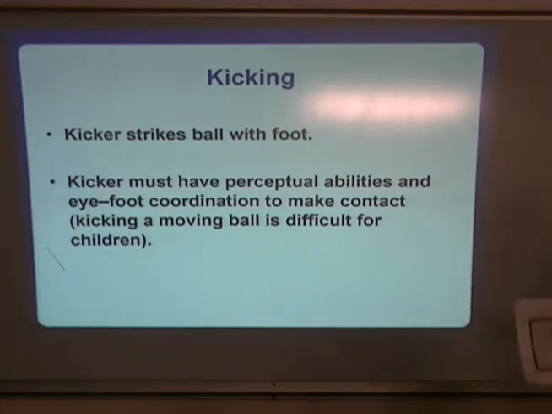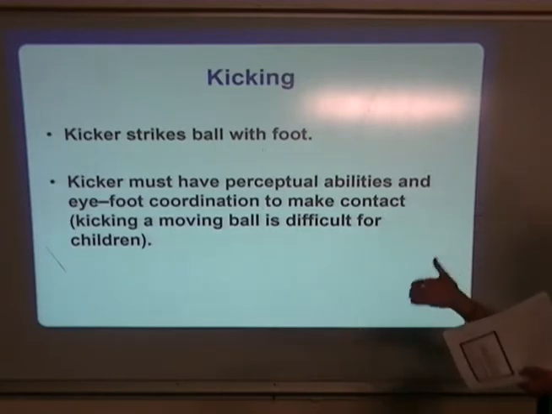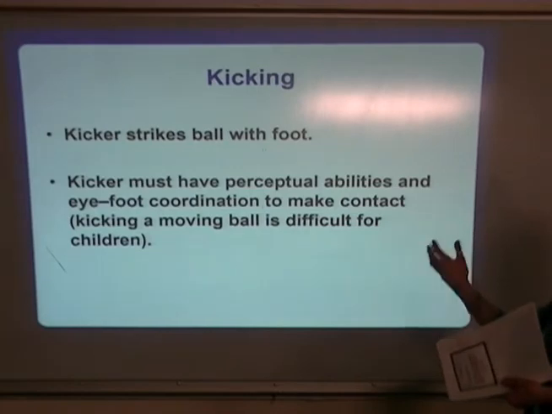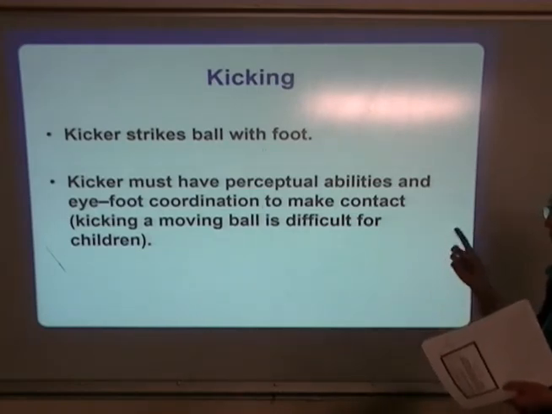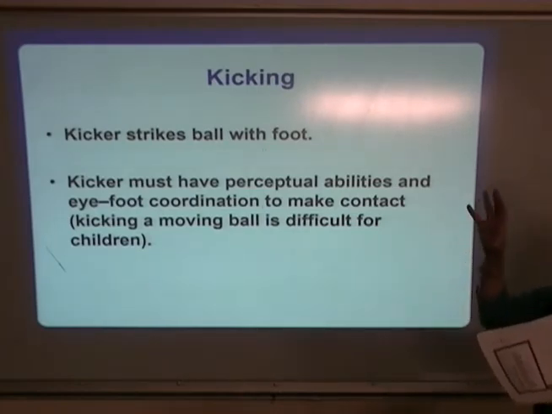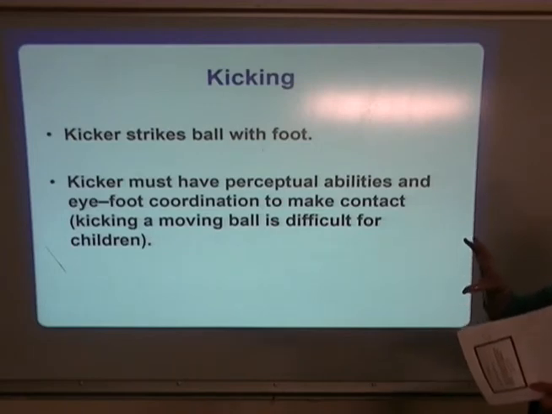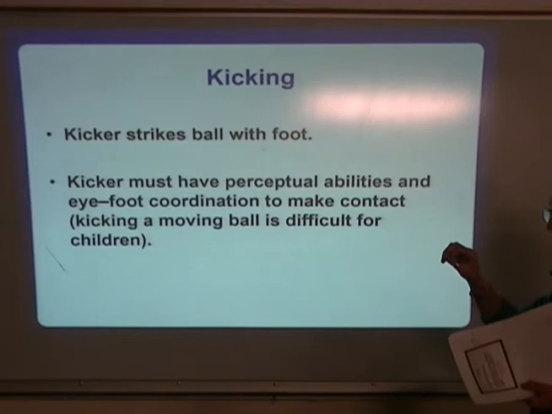So, just by changing again the task constraint, the goal of the skill, I can make it simpler or more difficult for the individual who's trying to perform that skill. And that comes back to the idea that we want that person to have some success.